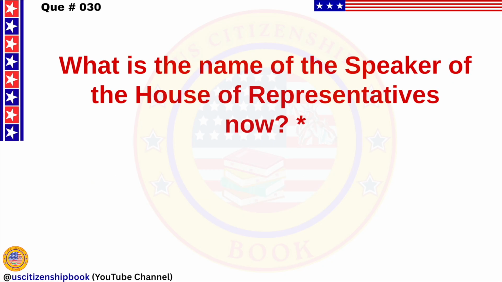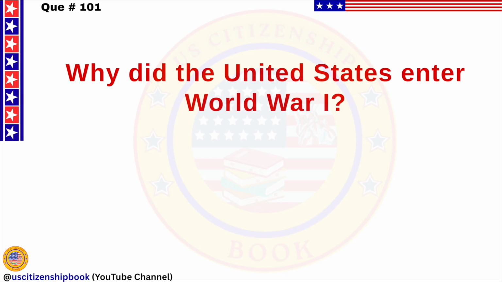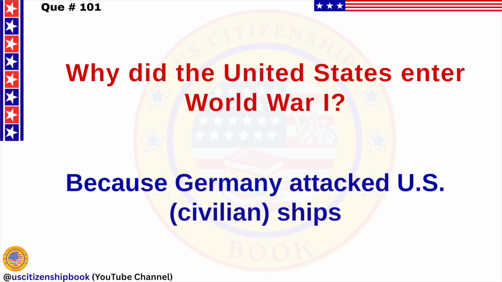What is the name of the Speaker of the House of Representatives now? Mike Johnson. Why did the United States enter World War I? Because Germany attacked U.S. civilian ships.